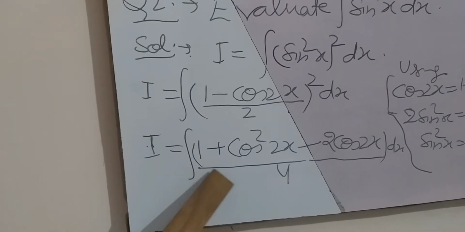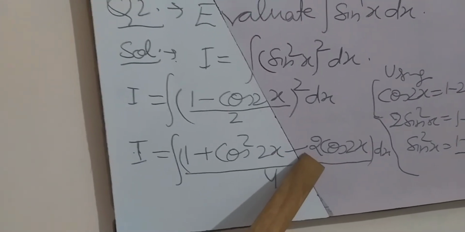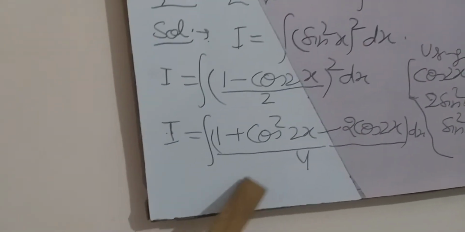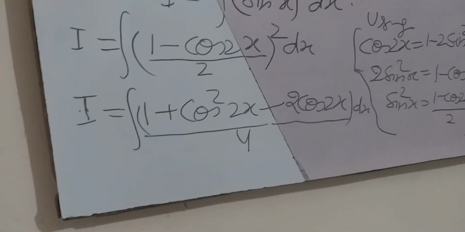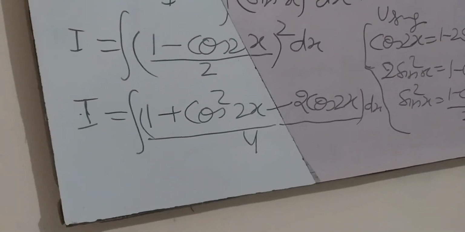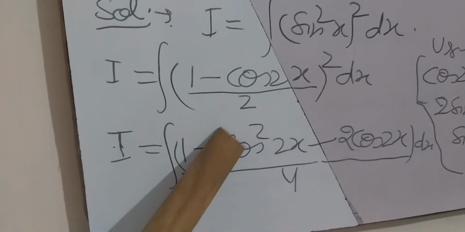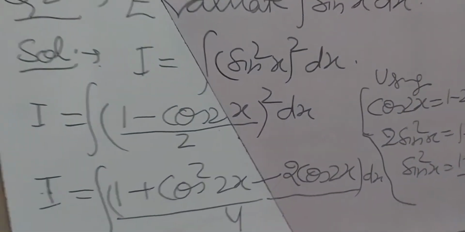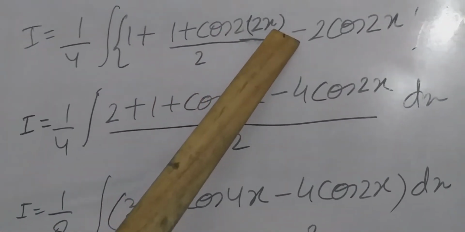1 square, 1 plus its square cos square 2x, minus 2ab, 2 cos 2x, upon 4. Correct? Now students, we are going to use the cos square x formula again to remove the square. So it is 1 plus cos 2x upon 2.